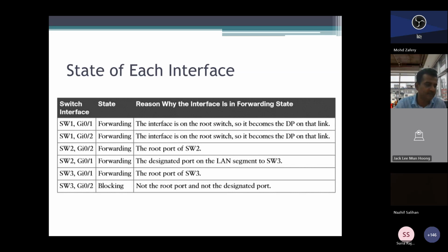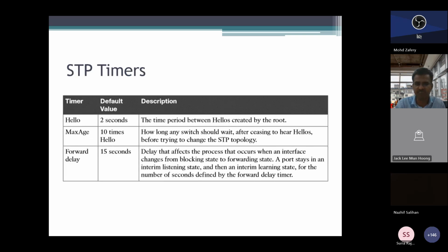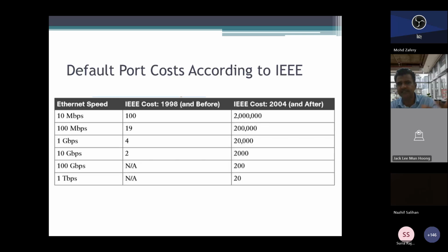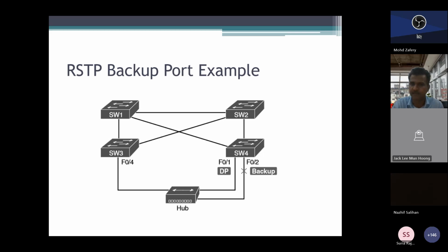Basically, some of them will be in forwarding, some of them in blocking. And you will also notice how do they achieve this? All these values: port cost, timer, and then some scenarios.